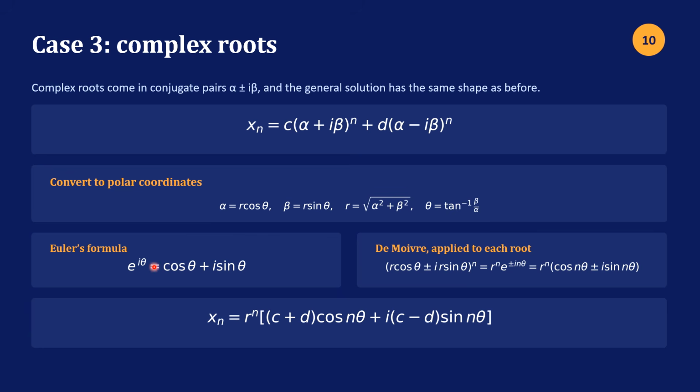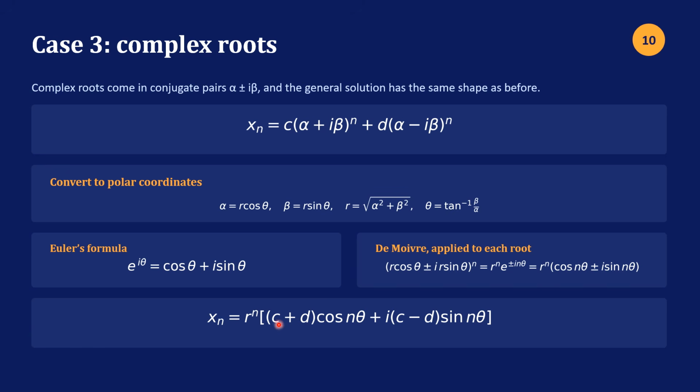And the nice part about this is when you raise it to the n power, you don't need to deal with this. You can just identify this as r to the n e to the plus or minus i n theta, and then convert back using this formula again to get r to the n times cosine n theta plus or minus i sine n theta.